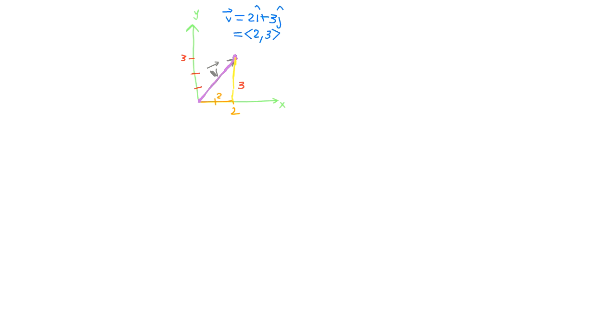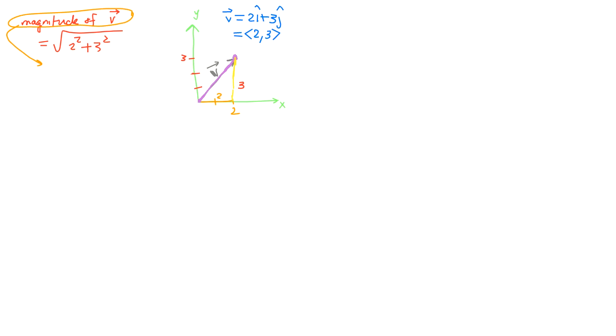So the magnitude of V is the radical of 2 squared plus 3 squared. Now, instead of writing all of this, we use this notation.